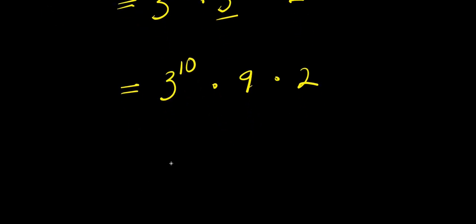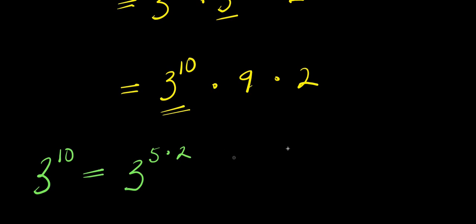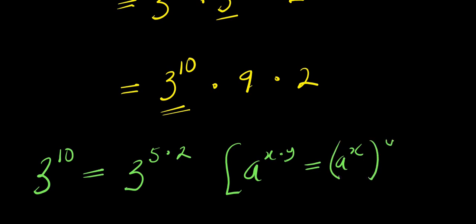So from here, let's find out the value of 3 power 10. 3 power 10 is the same thing as having 3 power 5 times 2. And if you have a power x times y, this equals a power x, which is raised to the power of y.